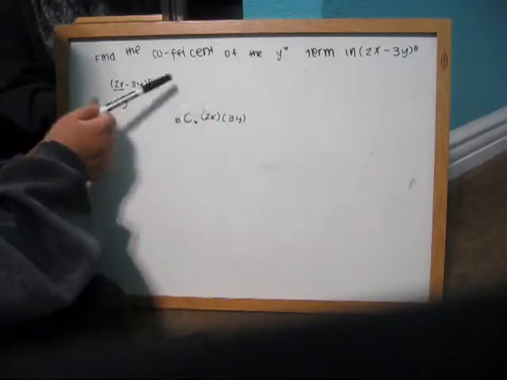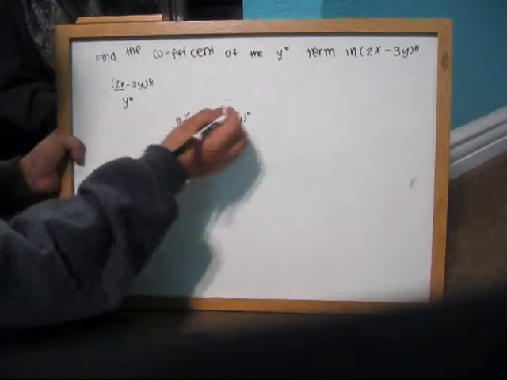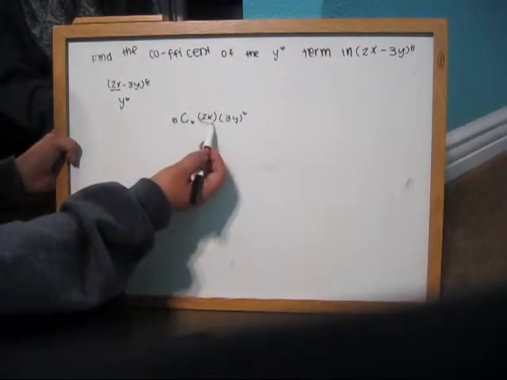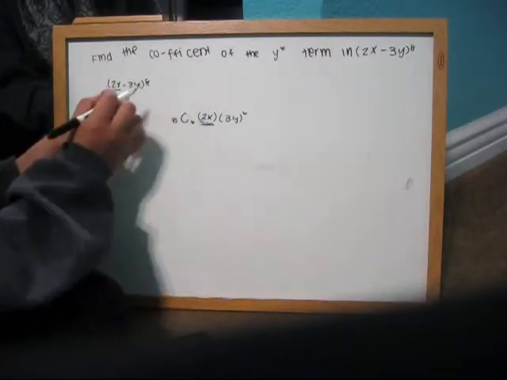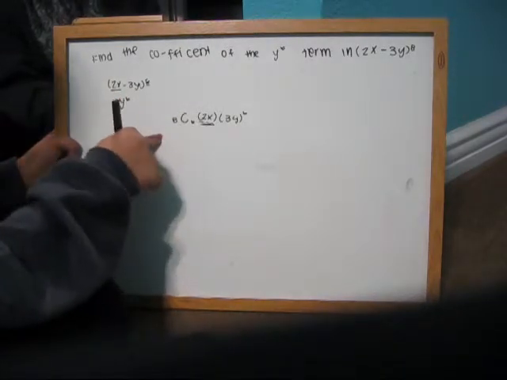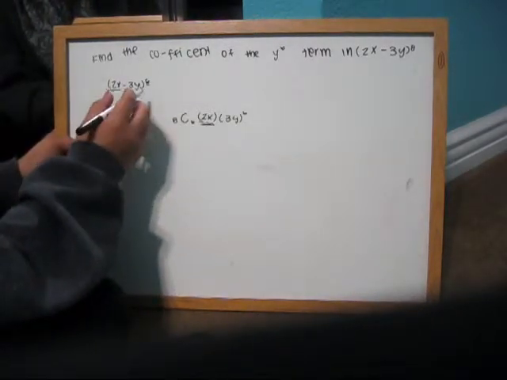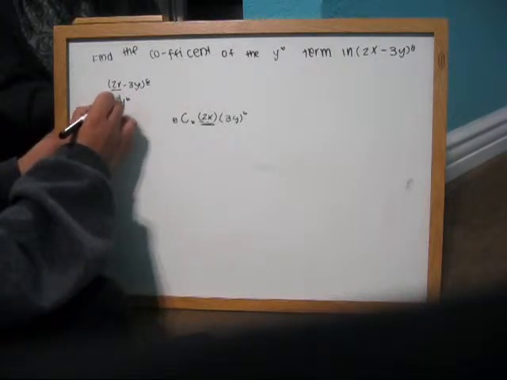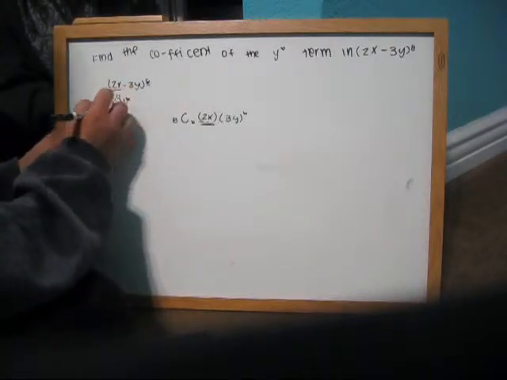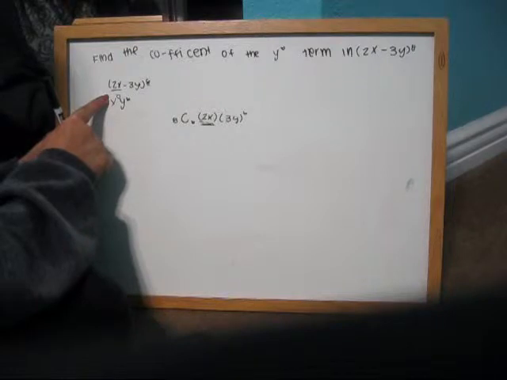Now, you know that your y value is to the 6th, but you don't know what your x value is. But since, like we saw with a plus b to the 5th, the x and y exponents added up to the 8, what do you think x would be?